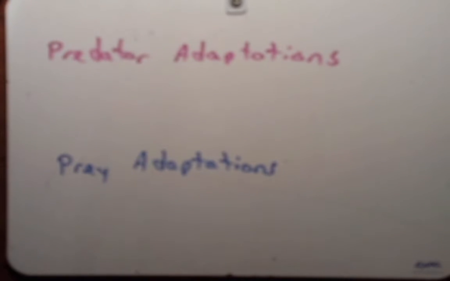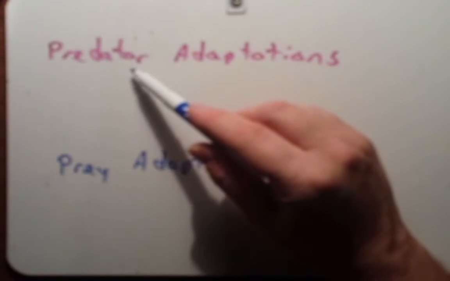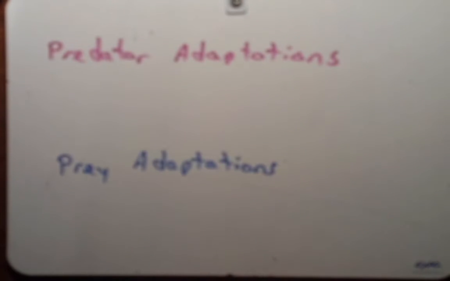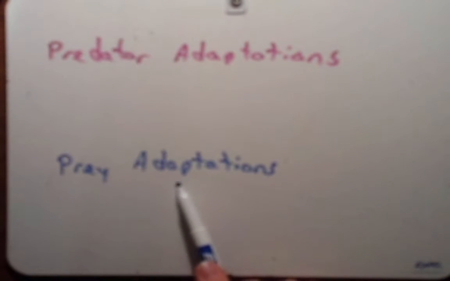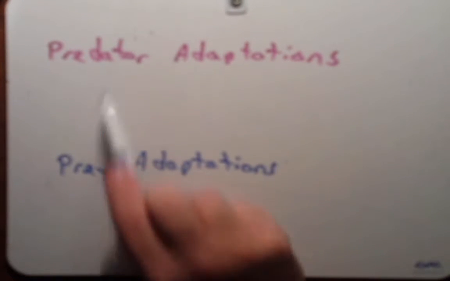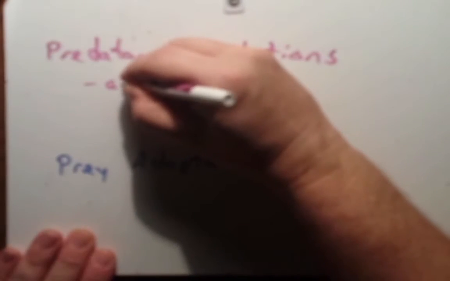Natural selection is going to favor adaptations that allow the predator a better opportunity to catch the prey. On the other hand, natural selection is going to favor prey who have adaptations that prevent them from getting captured by the predator. So some examples of predator adaptations might be acute senses.